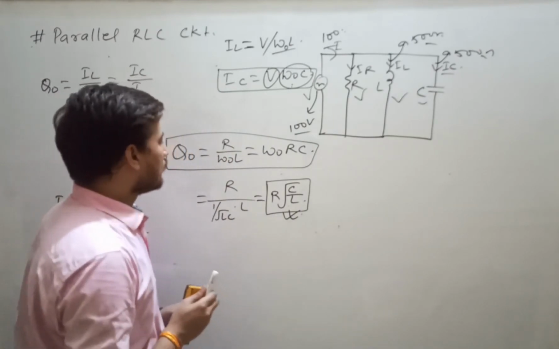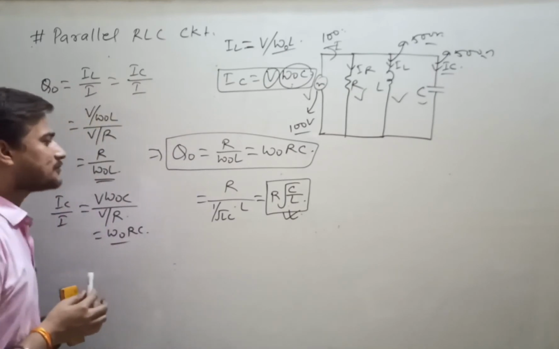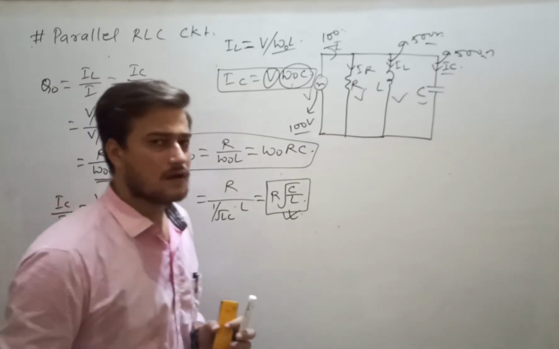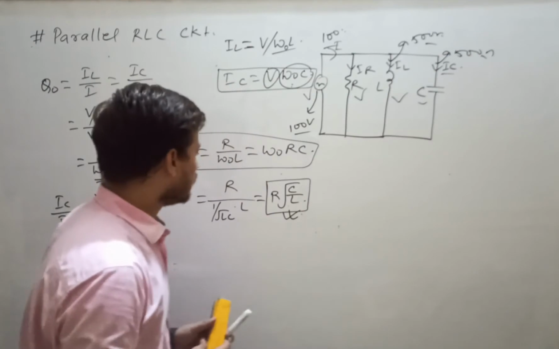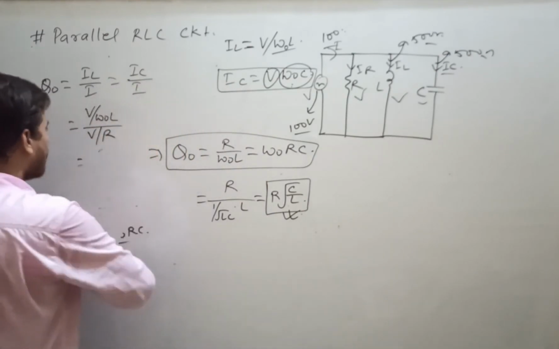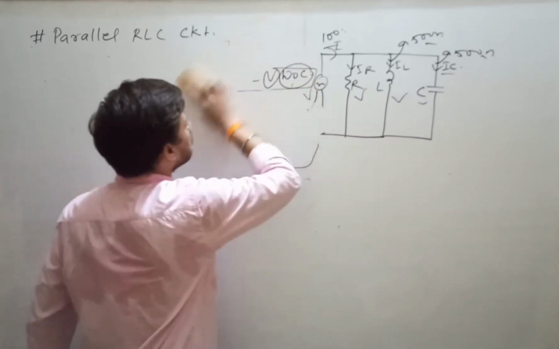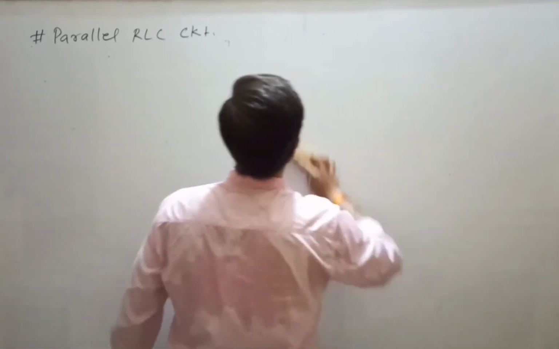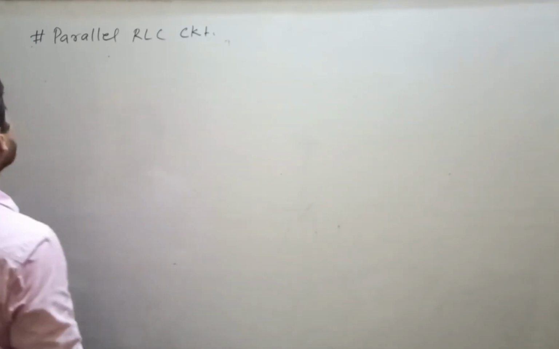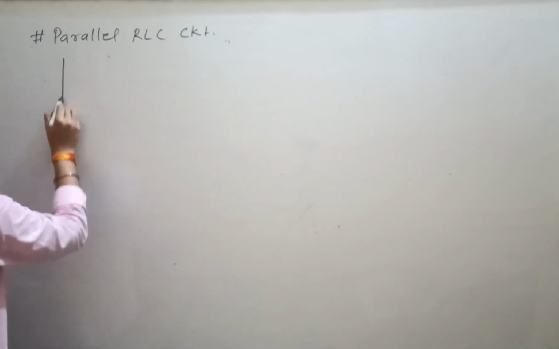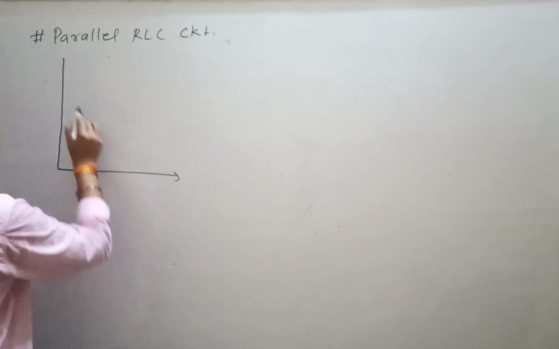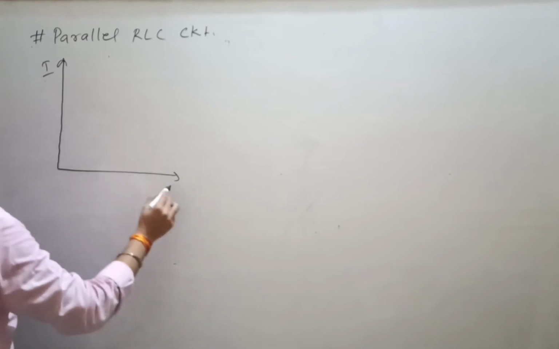Now we have to draw the curve graphs for current and impedance, and from there we will see the bandwidth of the system. So if you see the graph of current, I am directly drawing the graph of current versus omega.